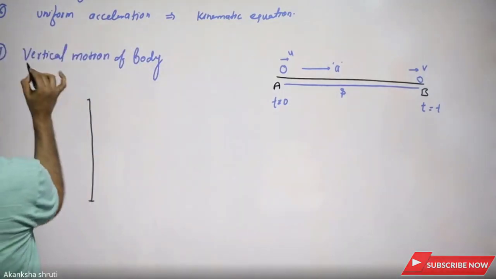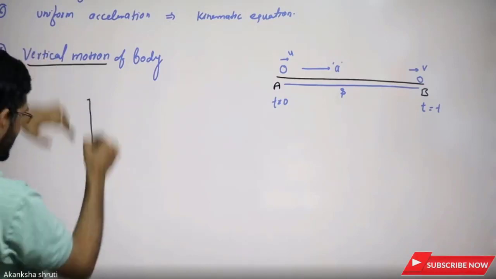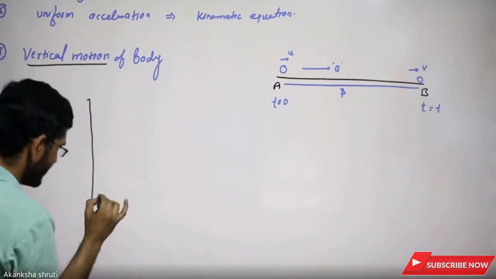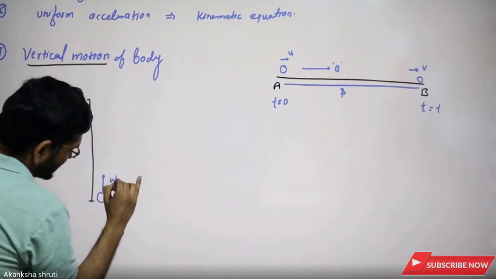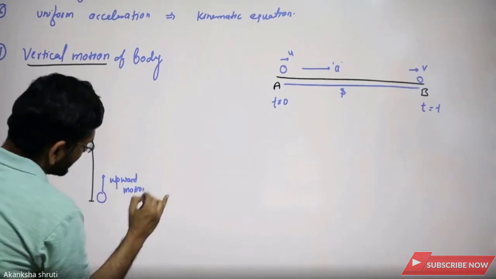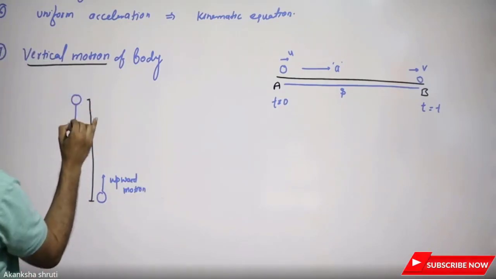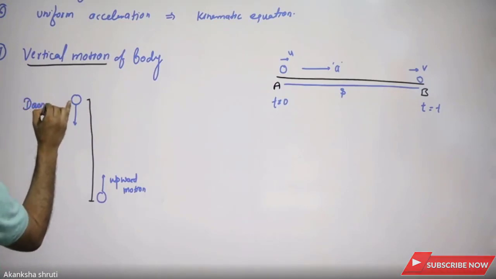So students, keep in mind, we are learning about vertical motion. If a ball is thrown upward, it is called upward motion. If someone releases the ball from somewhere, it will undergo downward motion.